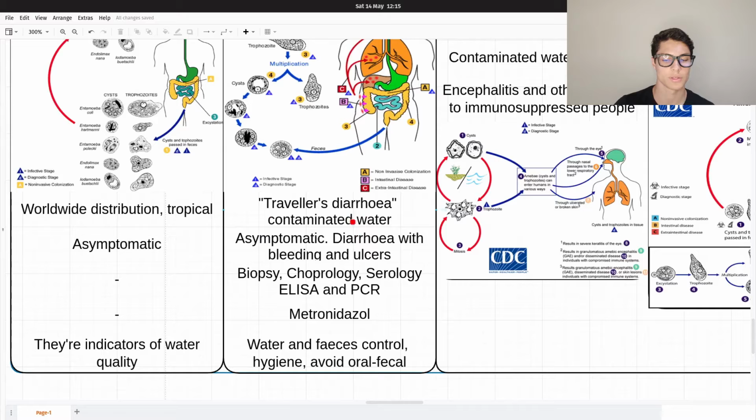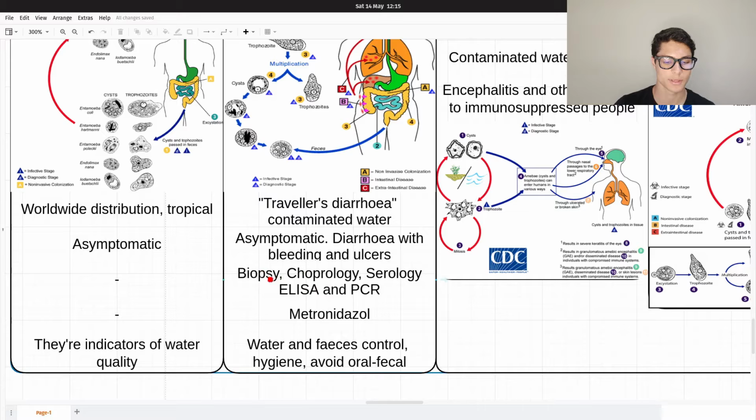That's the epidemiology. That means it's almost worldwide, everywhere. The majority of the time it's asymptomatic, and if we are not very lucky, we will have the traveler's diarrhea, which includes also bleeding and in some cases ulcers of the intestines.